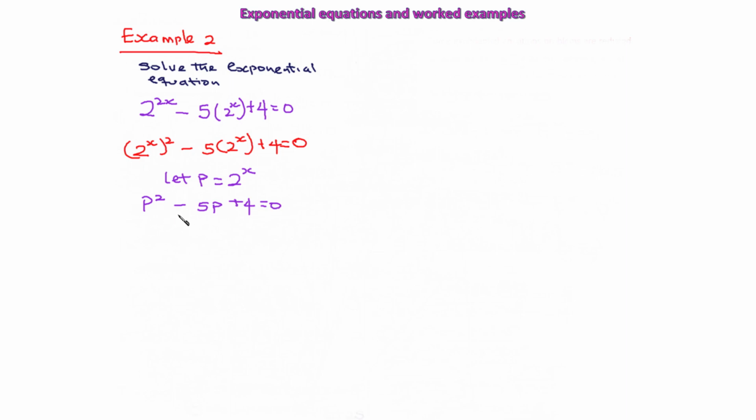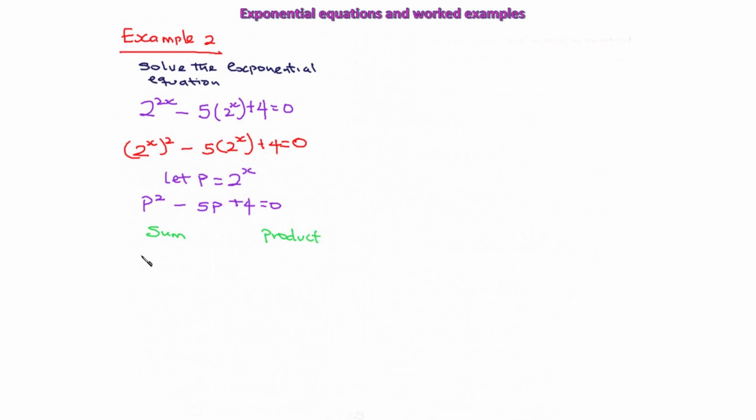Take up your coefficient of p, then find two factors that when you add them, you get minus 5, and when you multiply, you get plus 4. What are those two factors? For simplicity, sum, product.